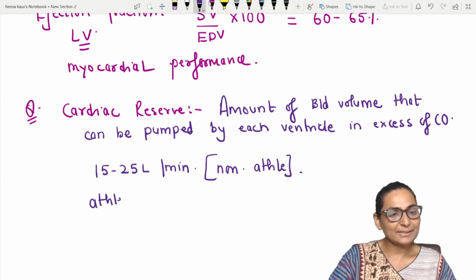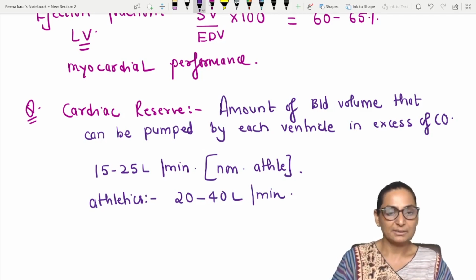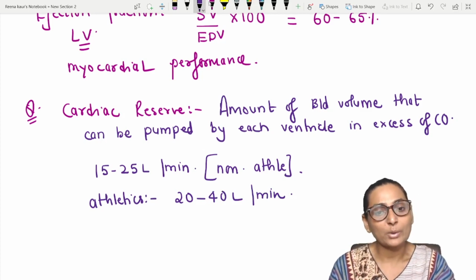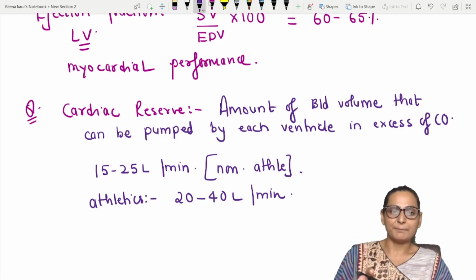Whereas in the athletes, that means who are undergoing regular physical endurance or exercises, they can even increase up to 20 to 40 liters per minute. Right? So these are very, very important definitions in context with cardiac output that you must remember.